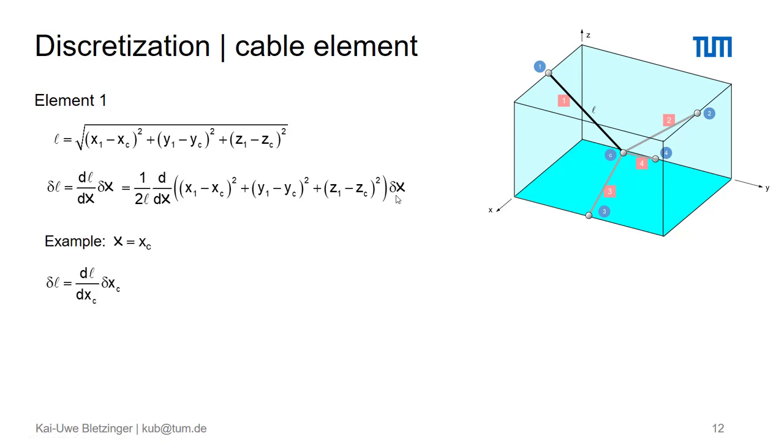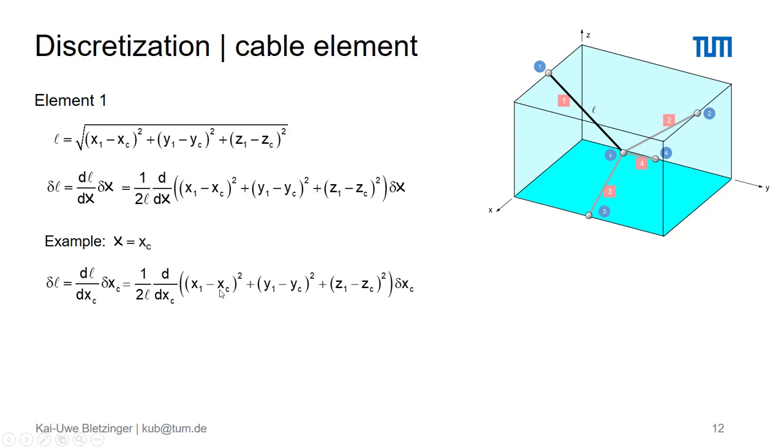For example, let's take for this calligraphic x the x coordinate of the center node. Then we have to take the derivative of the length with respect to xc, post-multiplied by delta xc. So we have to look specifically into the derivative of this expression with respect to the xc coordinate. Here it is.